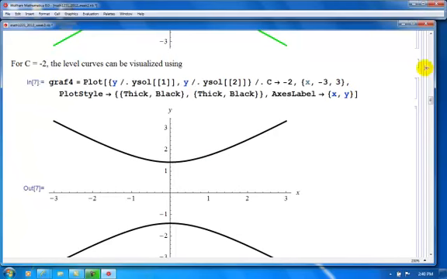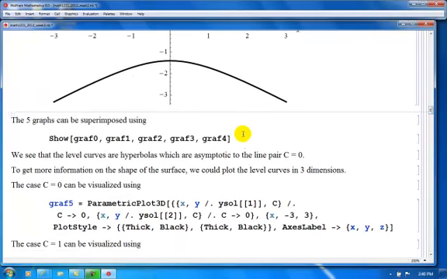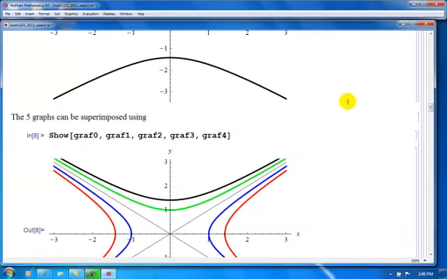And that looks like another hyperbola of the same type. So let's superimpose those 5 graphs, and we can do that using this. You can see indeed that they appear to be hyperbolas, and for positive values of c, they're asymptotic to the lines in these parts here, and for negative values of c, they're up here.